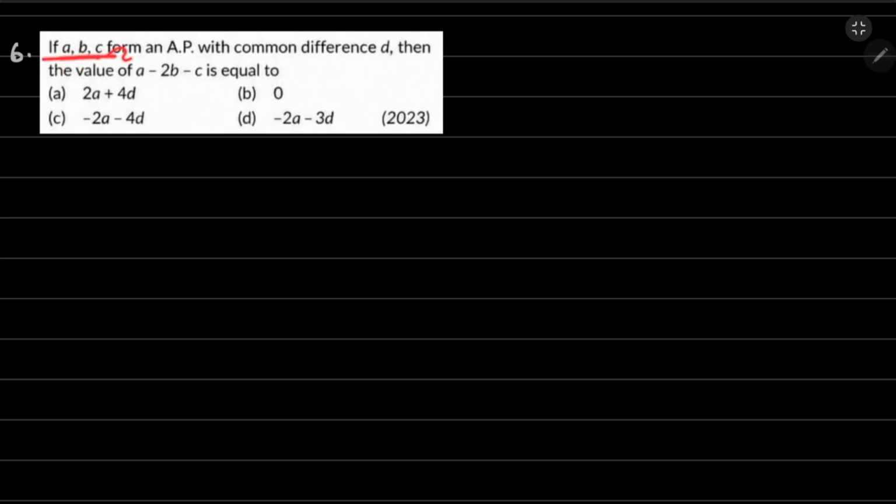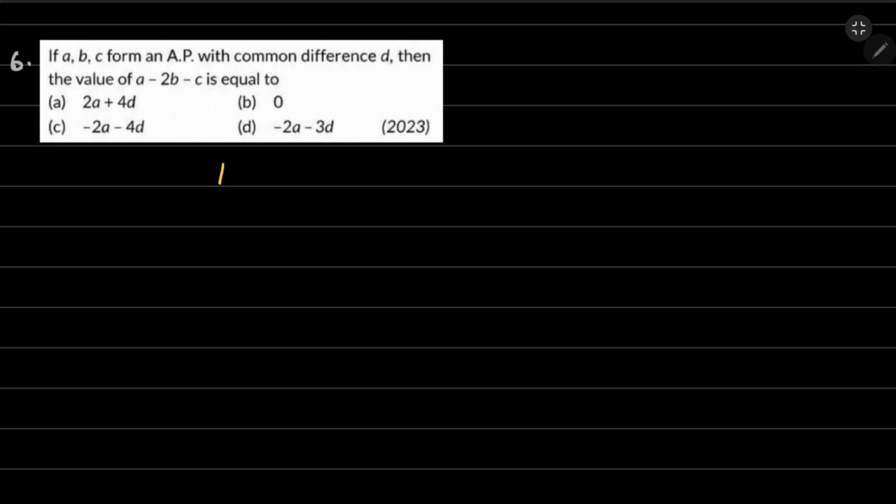If A, B, C form an AP with a common difference D, then the value of A minus 2B minus C is equal to? The arithmetic progression that's given to us is the first term is A, the second term is B, and the third term is C. The common difference is D. You have to find the value of A minus 2B minus C. So when the common difference is D, what is B equal to?